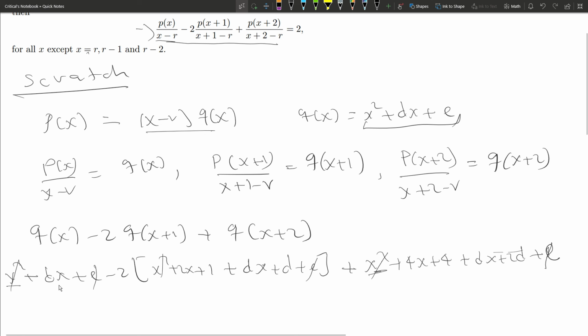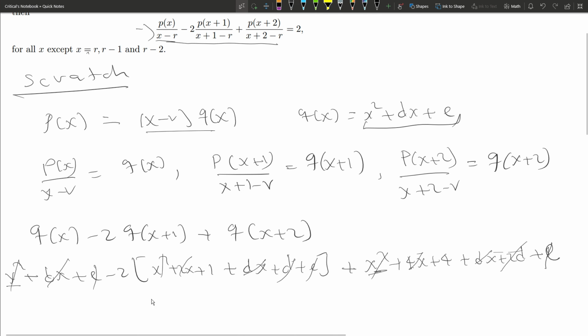Likewise for dx, there's one dx over here, another dx over there, and minus 2dx. Then we have a minus 4x here and 4x there, so those cancel out. And then we have 2d over here, a minus 2d, and a plus 2d over here, so those cancel out as well.